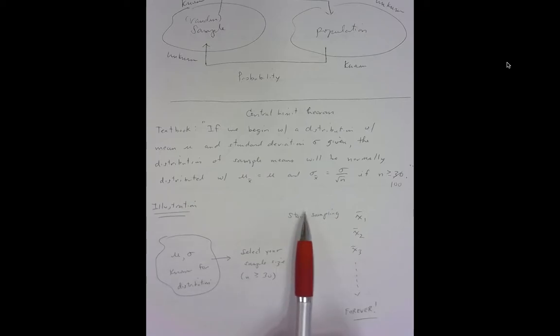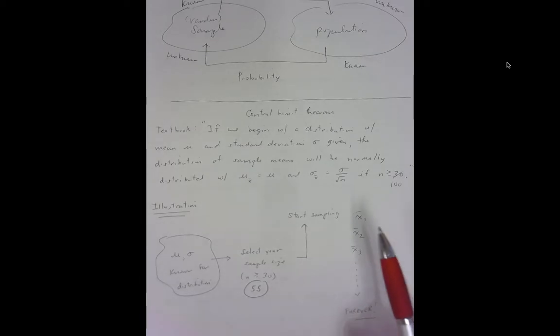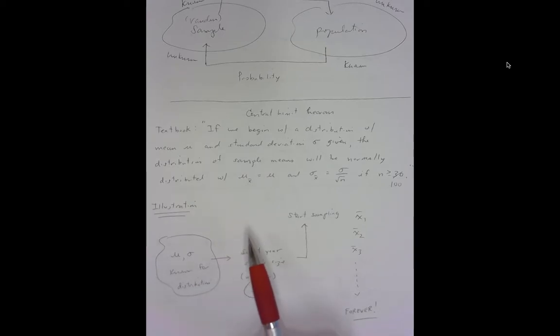And then we imagine that we start taking random samples. Now, let's just say, for talking this through, that our sample size was 55. So we dive into our distribution, pull out 55 random measurements, add them up, divide by 55, we get our first sample mean of size 55.